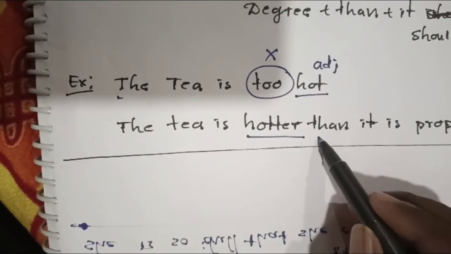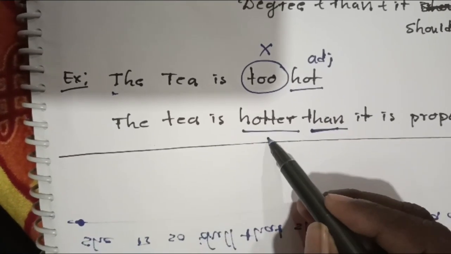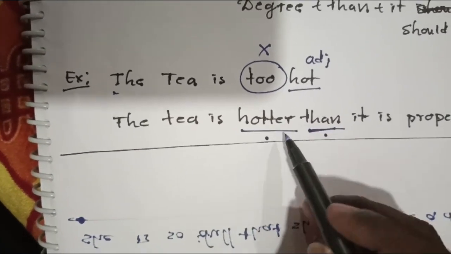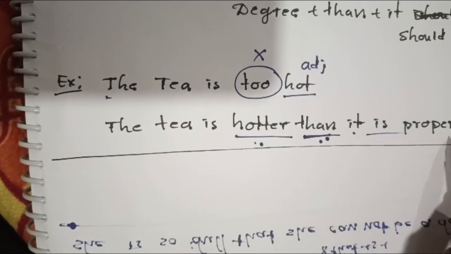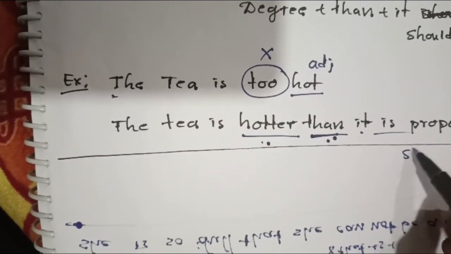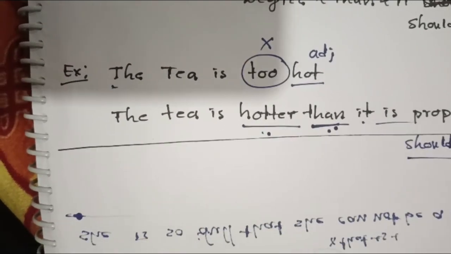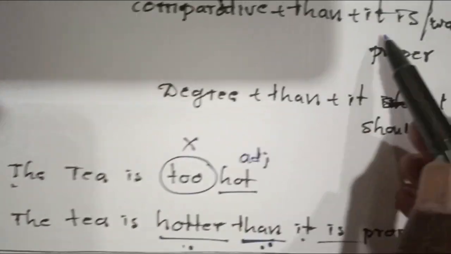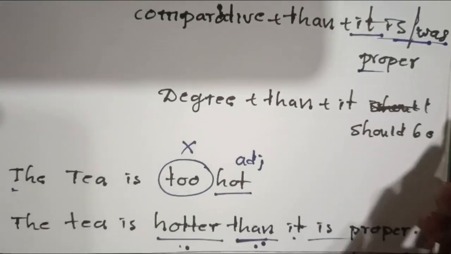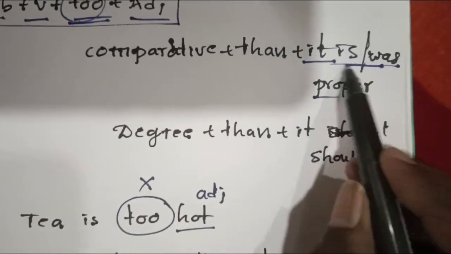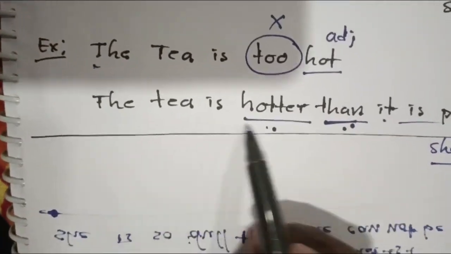Immediately after the comparative degree we must use 'than'. So: hotter than. Then it is proper, or it was proper, according to the situation: present tense, it is proper; past tense, it was proper.